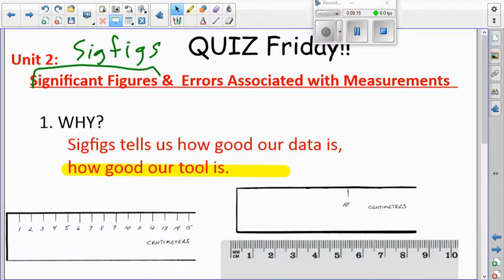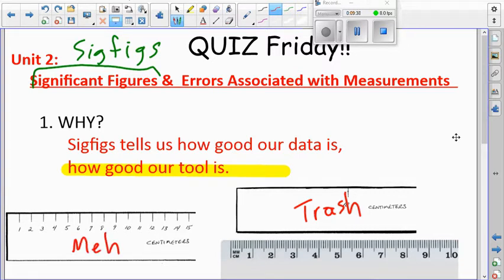So you guys remember these rulers last week? Certainly don't have to draw those. So this ruler right here was trash, in my humble opinion. It didn't really help you very much. It went to the tens place. That was it. And this one was a little bit better. It wasn't great. It was more of like a meh. Then when I give you guys the nice plastic rulers, you'll be like, okay, that's pretty good.